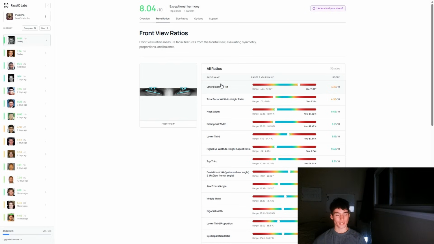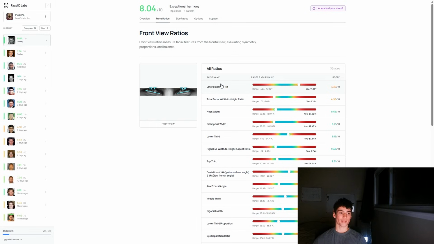Let's say he's on the more negative side. Whereas this, it's overly positive, right? The hunter eyes are overly hunter or just too much, right? So that's actually what's going to score him down a little bit, right? So you can see he's about 11 to 13 degrees on his eyes.